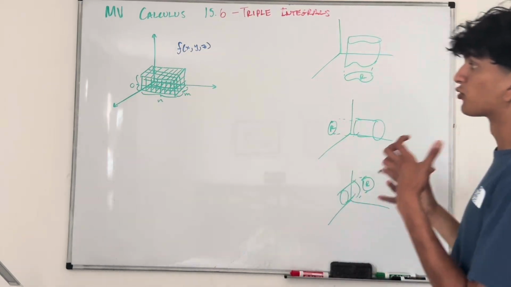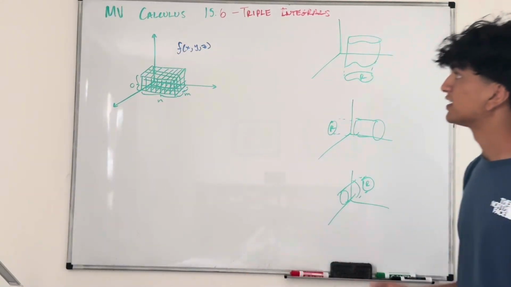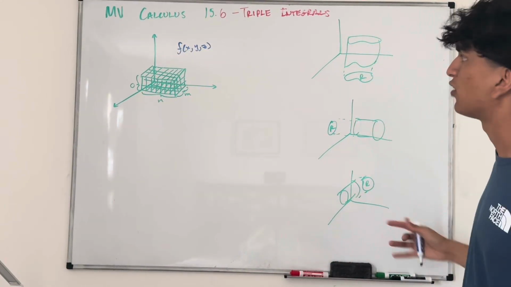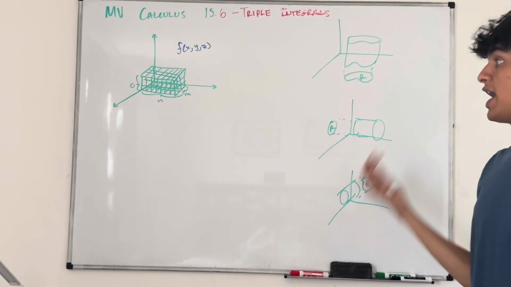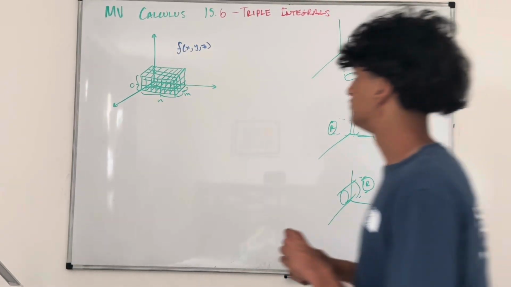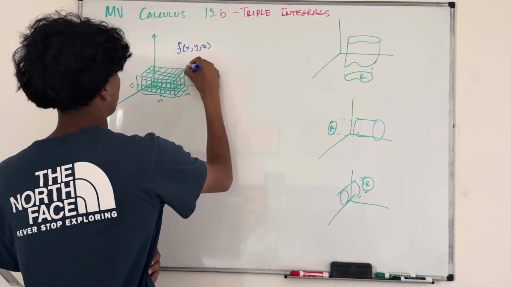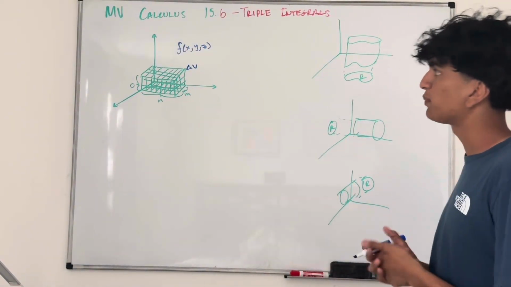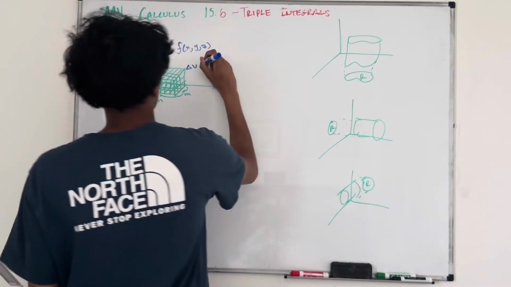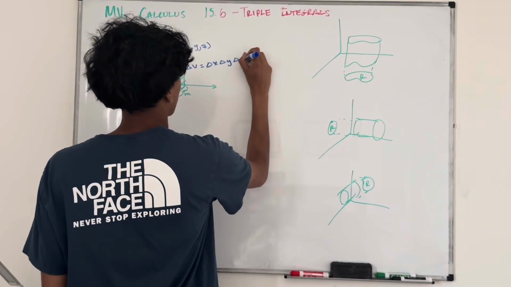And this is the 3D volume that we're going to integrate over to get the total value of all of the f of x, y, z's times our delta V. Delta V represents the volume of each of these little cubes that the box is split up into, and it very simply equals delta x, delta y, and delta z.